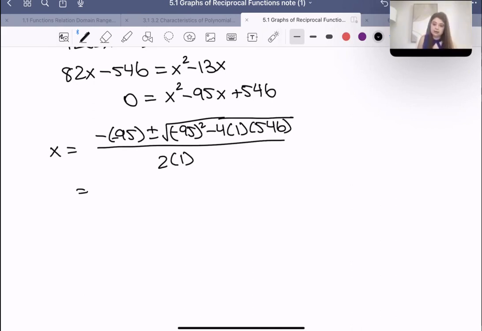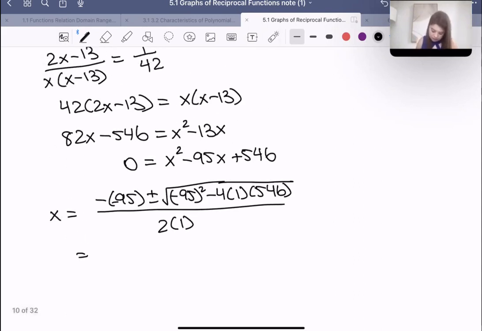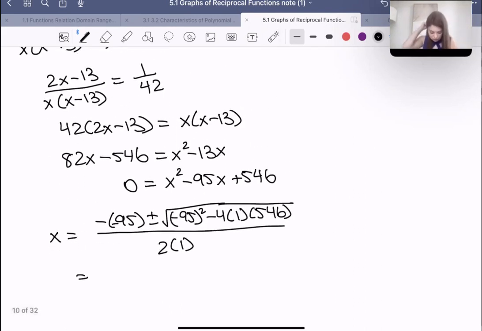Let's see. Or wait, did I make an error here? I did. I said this was 82. This should be 84. My apologies. Let's fix that. And that makes this 97.